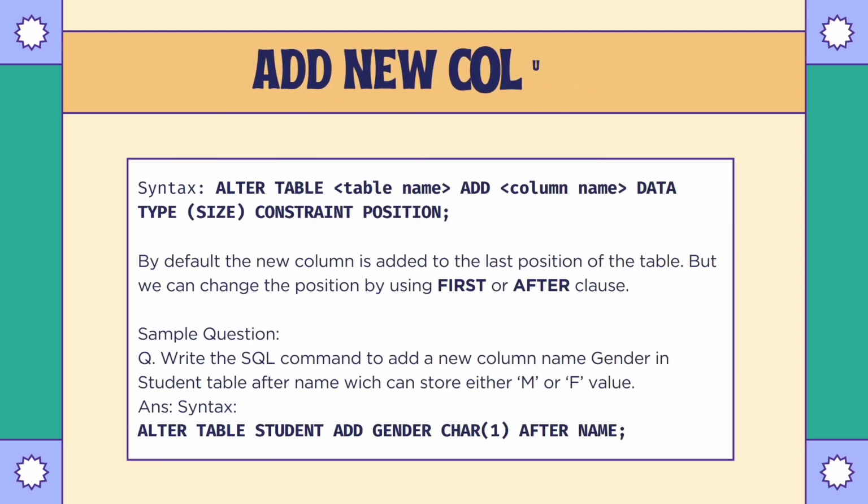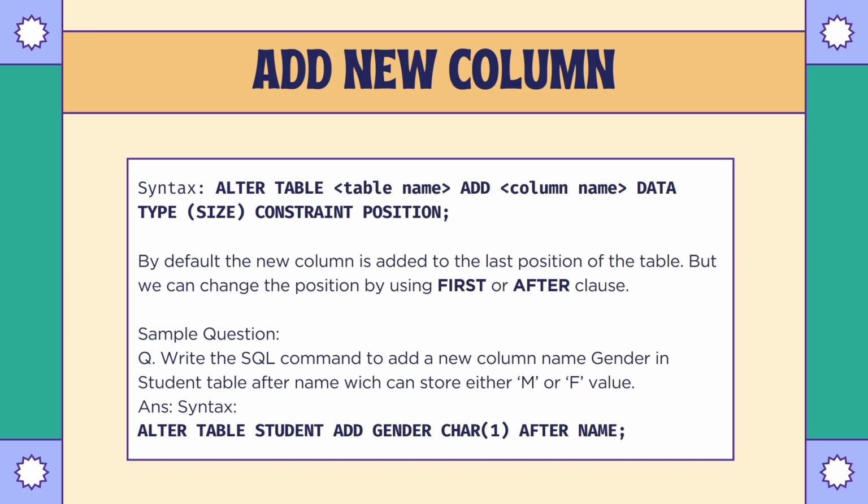So let's learn how to add a new column. This is the syntax to add a new column. We write alter table, then the name of the table, after that add, after that the name of the column and data type and size, after that if there is a constraint we will write that, and the position.